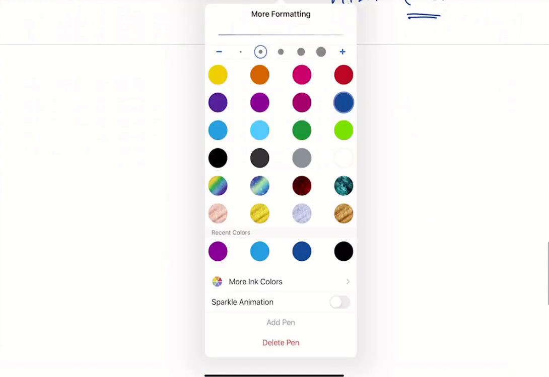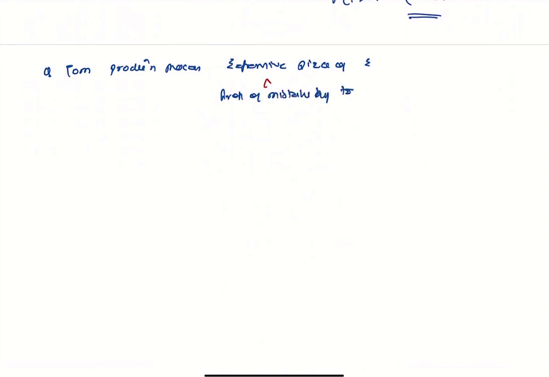The other question is: Tom is part of a production process that makes an expensive type of instrument. The probability of a mistake by Tom is 0.001. But when Tom makes an error, he gets rattled and is likely to make more errors.